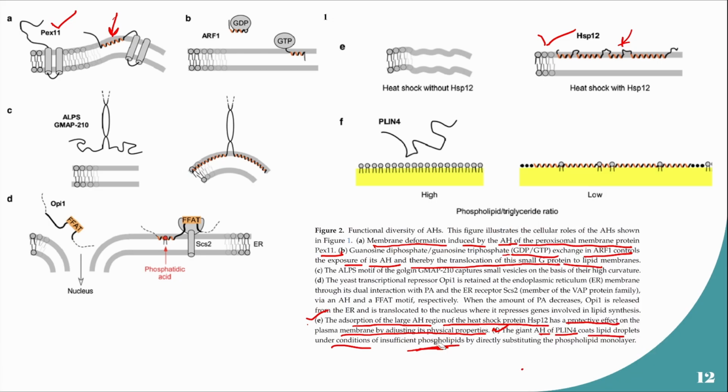So if we look at this position, whenever there is insufficient phospholipid, so let's say phospholipids by some condition are not being produced in the correct amount, what it does is that PLIN4 introduces the amphipathic helices into the lipid membrane, and it substitutes for the phospholipid monolayer. So that's quite an interesting mechanism by which certain functionalities or structural properties are being adjusted for.